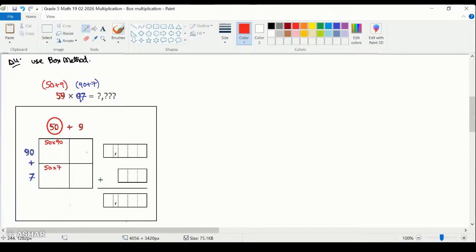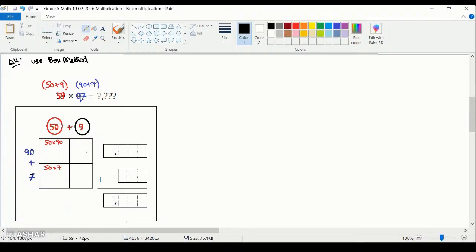Becca, do we agree over here? This 50 at the top is multiplied by both the numbers on the side. Agreed? And then this 9 over here will be multiplied by both the numbers on the side.